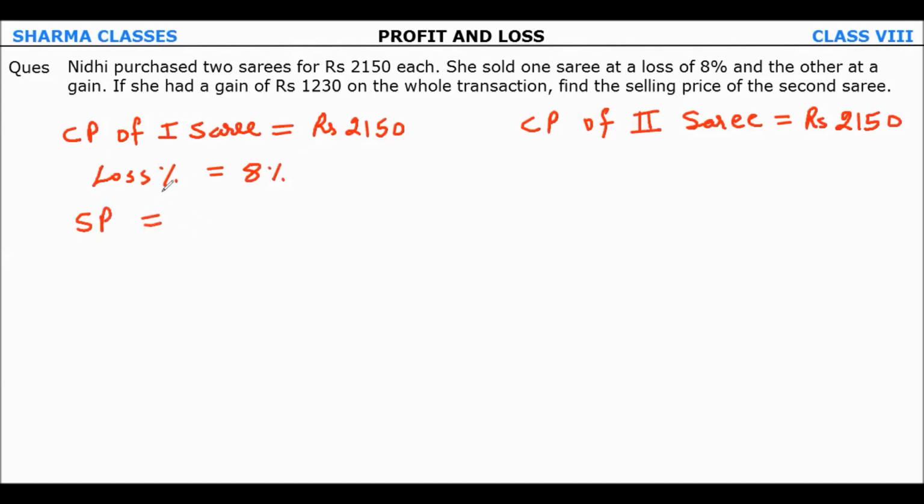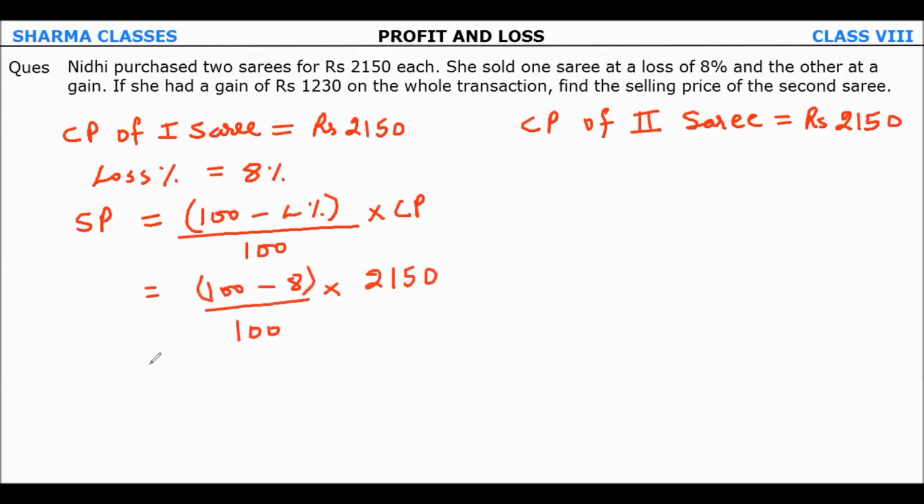If loss percent is given to us and we need to find the SP, then there is a formula which says 100 minus loss percent divided by 100 into CP. We can write CP here also or in the beginning also, that doesn't matter. So 100 minus loss percent. Loss percent is 8. So we can put the value of loss percent here.